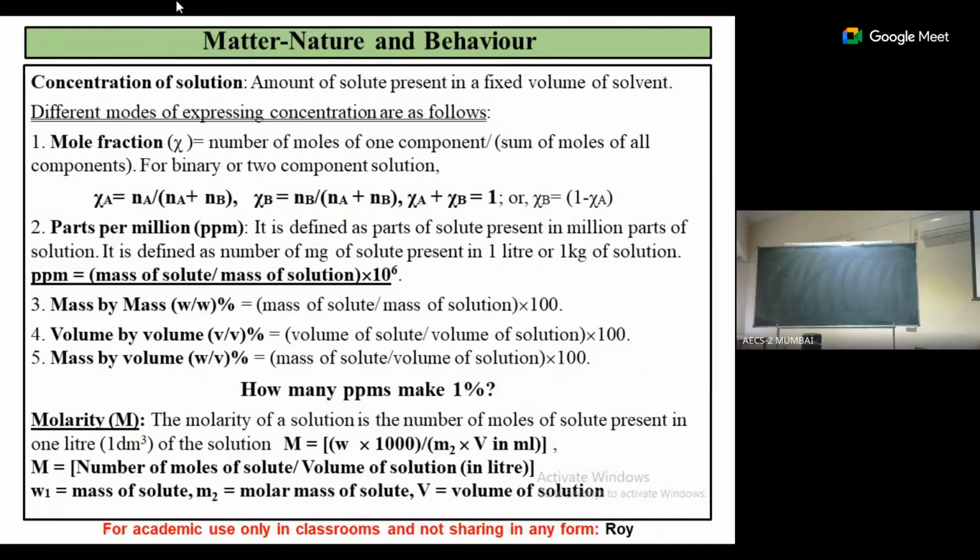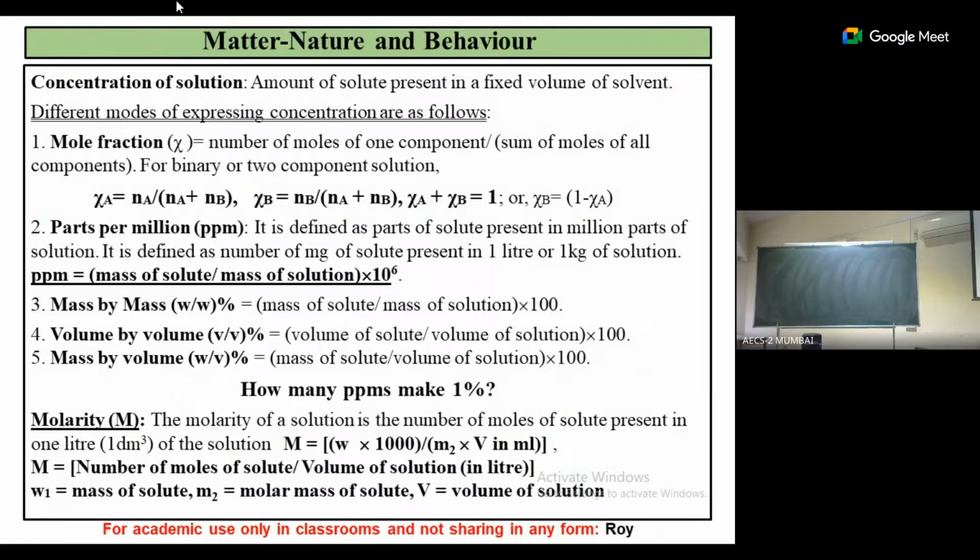And third is mass of the solute divided by volume of the solution into 100. That is, 1 gram of the solute present in 100 ml of the solution will also be 1%.